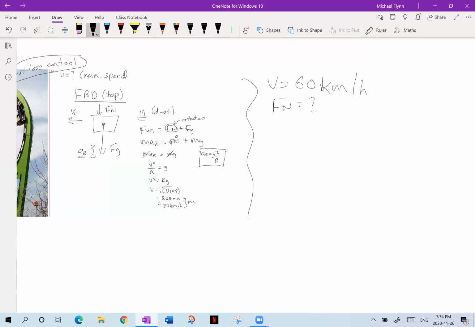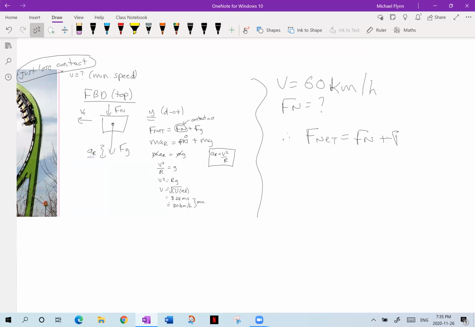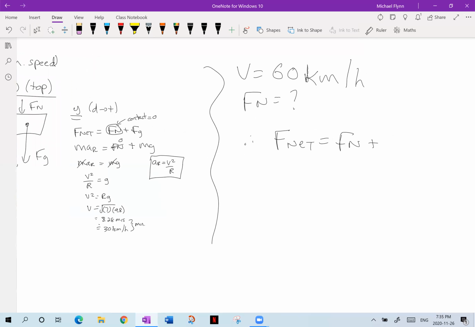It's the same free body diagram. So let's go straight to our y component. The net force, as we wrote before, is Fn plus Fg. Okay, so now the Fn is not 0. We're wondering what the Fn is, but we're going to go MAR equals Fn plus mg. And then I'm going to substitute AR.